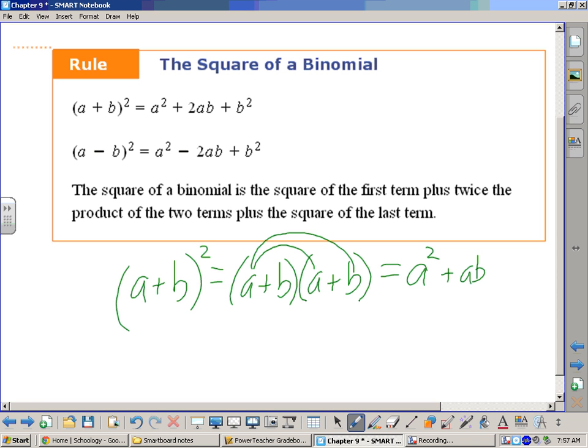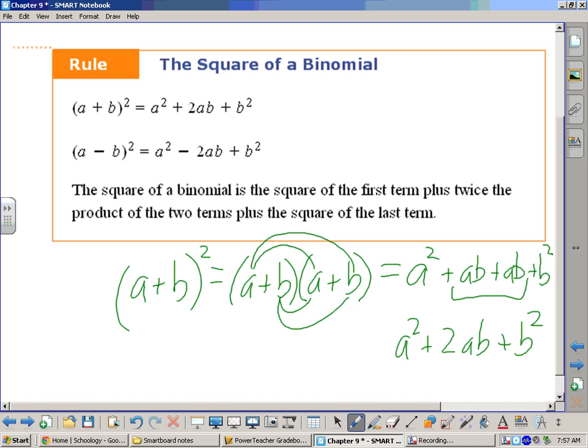Then the inside terms, which is b times a, which I'm going to write as ab, since multiplication can be switched. And then the last terms, b times b, which is b squared. Now notice these two middle terms are the same, so we can just write that as 2ab.